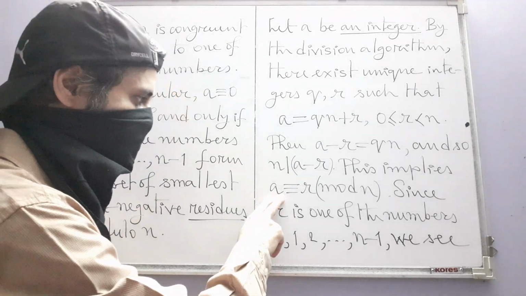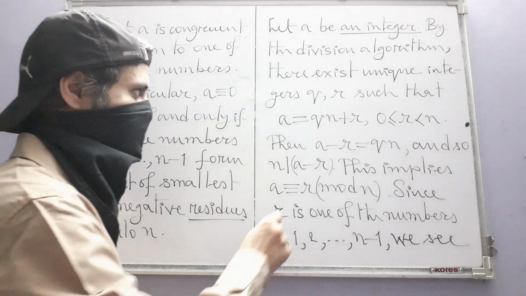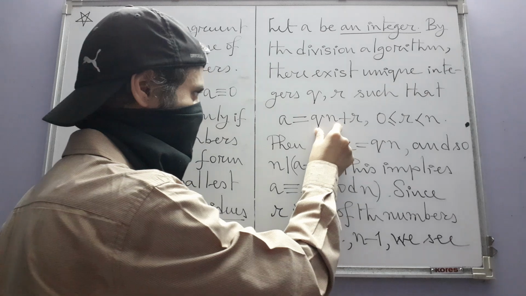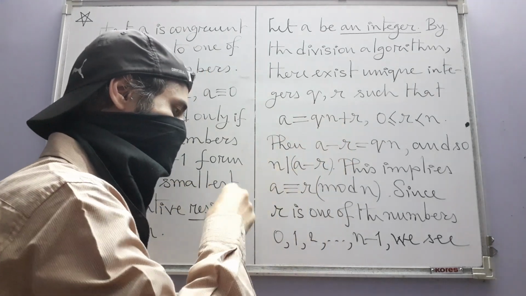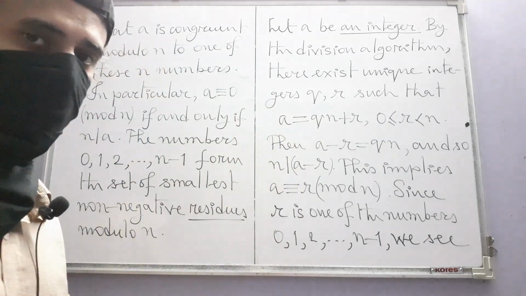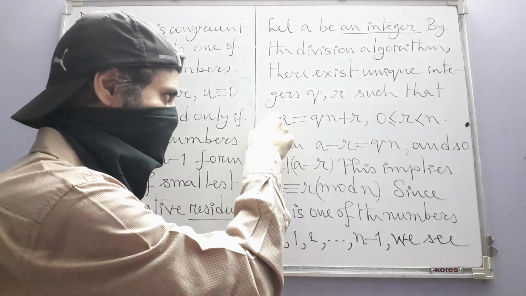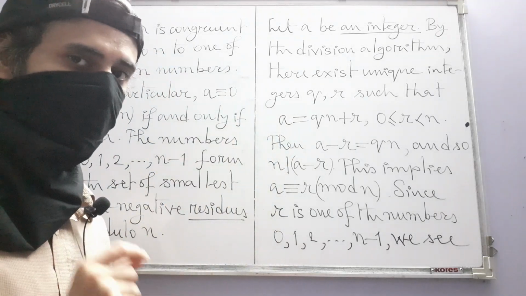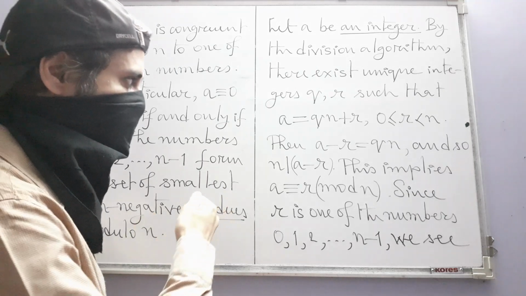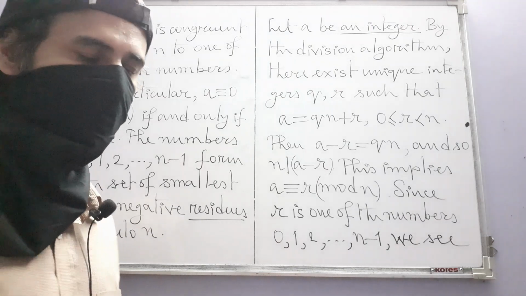So when you divide something by n, what are you trying to do actually? In a sense, you are looking at multiples of n, and your aim is to look at multiples of n and go as close to the given number as possible. Of course, you may not be able to hit the number precisely. That will happen only when A is divisible by n. Otherwise, you will just either exceed the number or you will fall short of reaching the number.